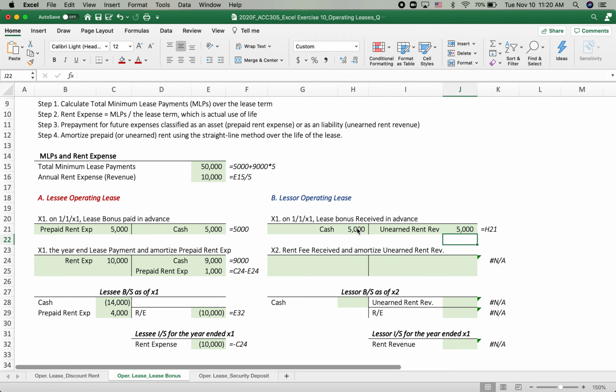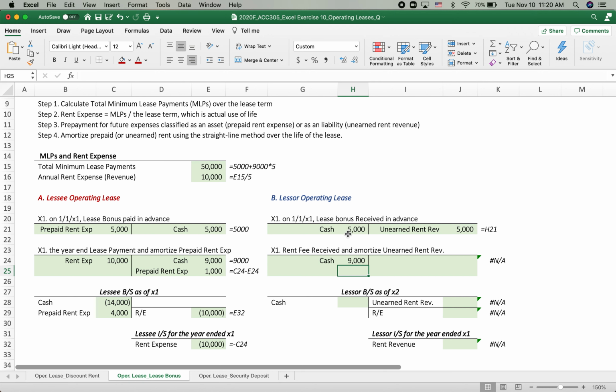So $5,000. Now, not second year, sorry, first year end rent fee received and amortized. So one more time, here the company received cash, $9,000. Okay. So again, this $5,000 is not the rent fee at this moment, but it will be distributed along the life of this lease term.